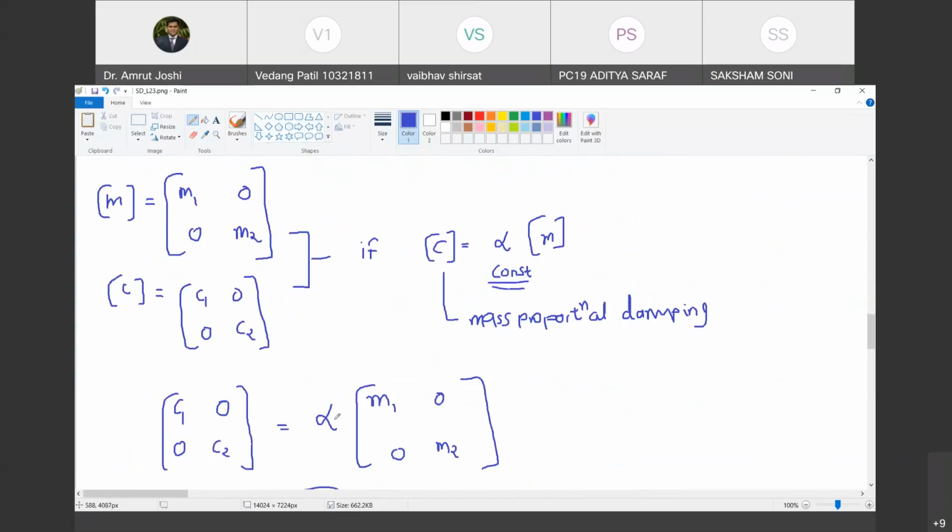For example, C is equal to alpha times M. So C1, C2, 0, 0, this form of damping matrix is very similar to the M1, M2, 0, 0 mass matrix. So if we provide a proportionality constant alpha, we get what is called mass proportional damping. Are you with me?